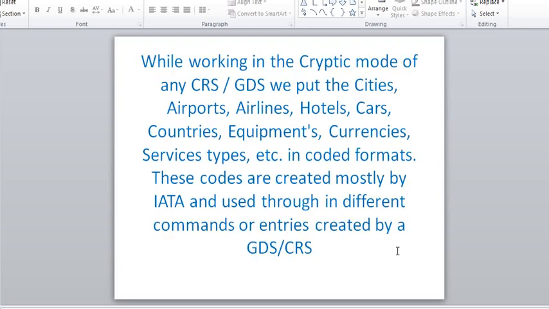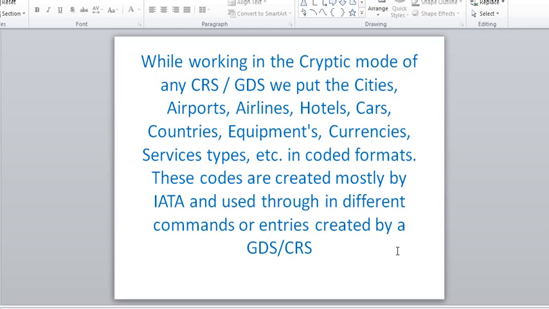While working in the cryptic mode of a CRS or GDS, we put the cities, airports, airlines, hotels, cars, countries, equipment, currencies, etc. in a coded format. What is actually cryptic entry and cryptic mode, and what is the graphical mode? Every CRS or GDS has two different types of modes of application.